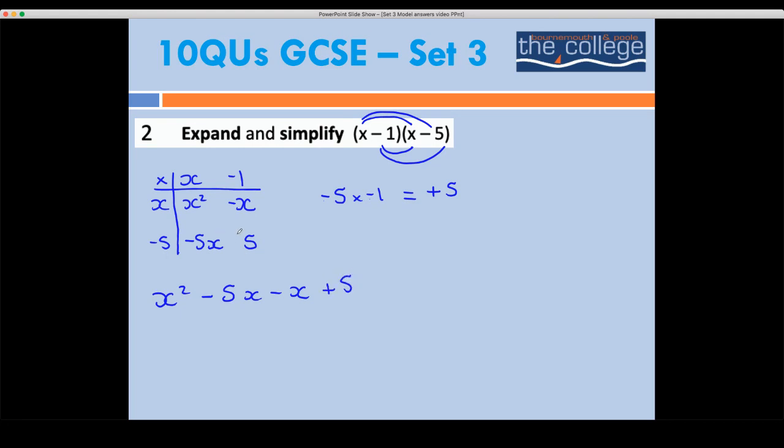So you could even write a little plus here so you know it's a positive 5, not get confused with the negatives. Now we tidy it up, we simplify it. So that can be simplified as x squared minus 5 minus 1, if you like, is going to be minus 6x. And then that positive 5 becomes plus 5 on the end.